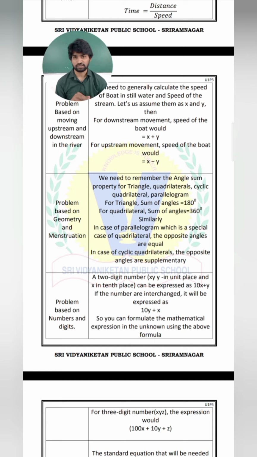When you cycle, if you cycle on a downhill area, without pedaling also you will go faster. Even if you don't cycle, you will go faster. But in an uphill area, even if you are cycling fast, you will go a little slower, because the slope stops you from going speedily.